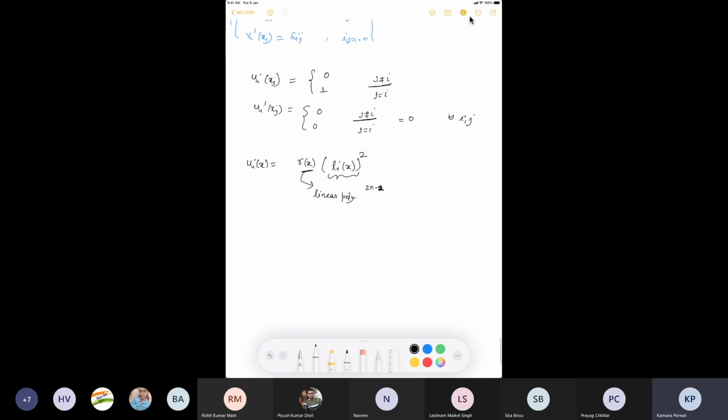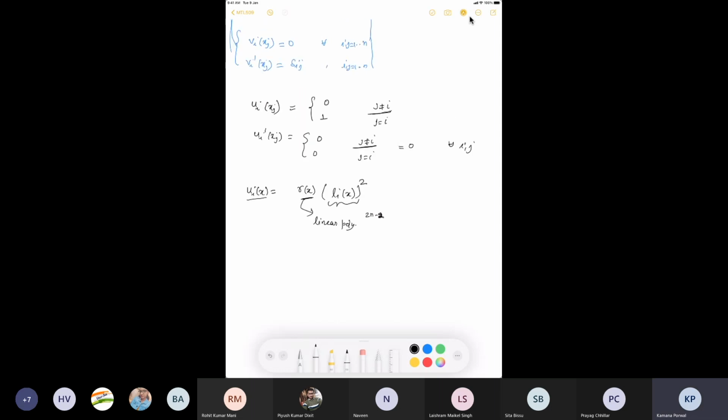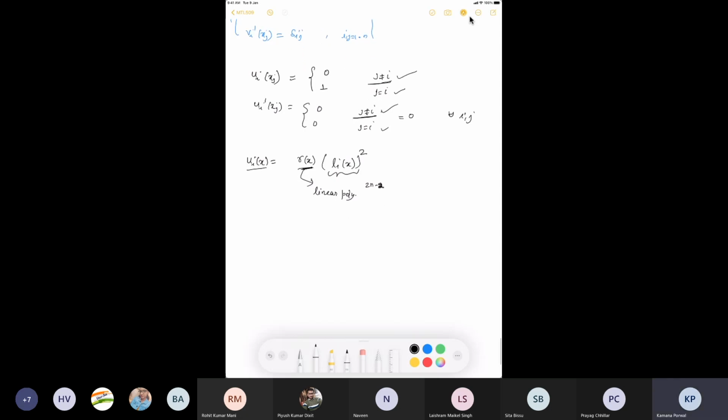Okay. So note that if I take my Ui(x) in this way, already these conditions are satisfied and these conditions are satisfied. So the only two conditions I need to check are that Ui at xi should be 1 and Ui prime at xi should be 0. Okay, so R(x) is a linear polynomial, so you can take any general polynomial, say alpha plus beta x.